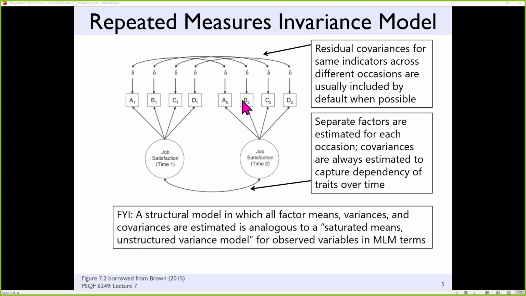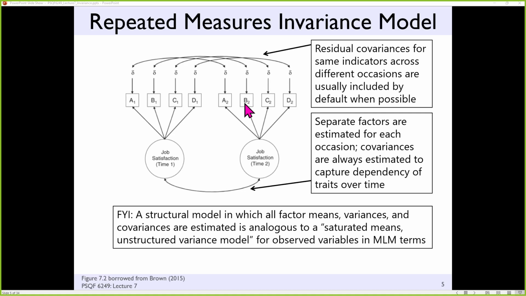So then you would have choices as to how they could be more together. The obvious choice would be to put another error covariance between A1 and B2. If you had a cross-loading, you could put another factor loading from this circle at time 1 to this indicator at time 2, that's harder to say. Why does the time 1 factor predict something that happens in the future?